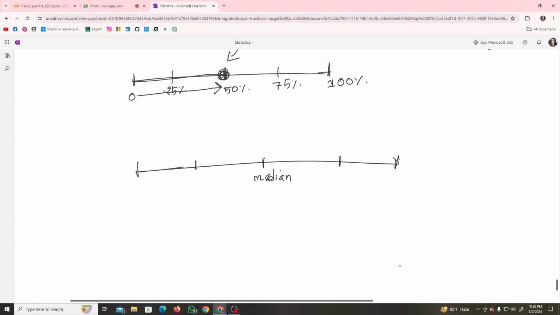After dividing the whole dataset into 4 parts, this is your quartile 1, Q1, this is your Q3, and the median is your Q2. Guys, relate this to the percentile concept we just learned.